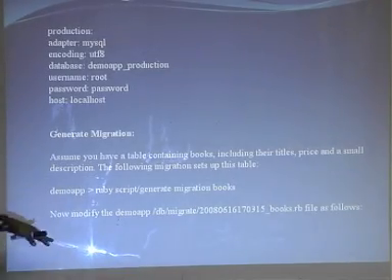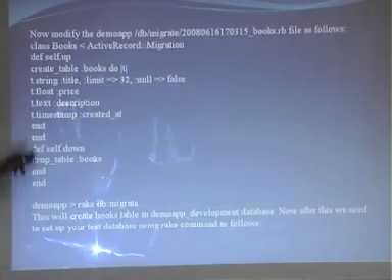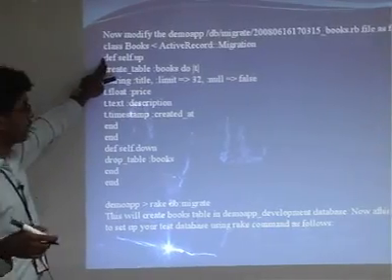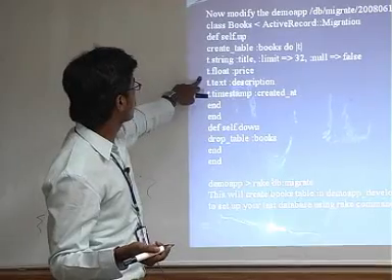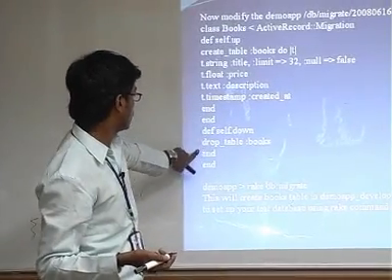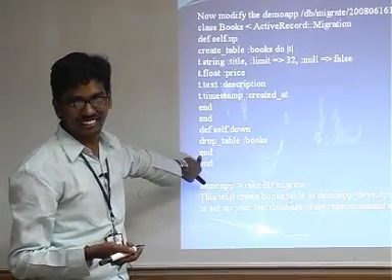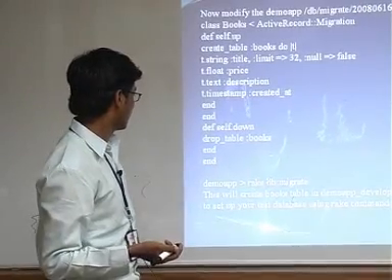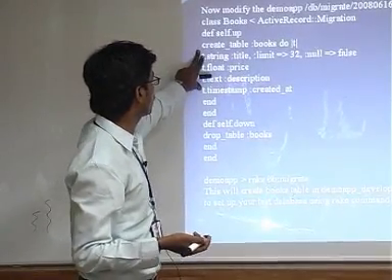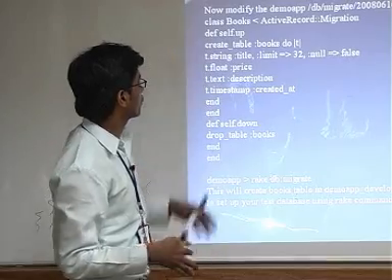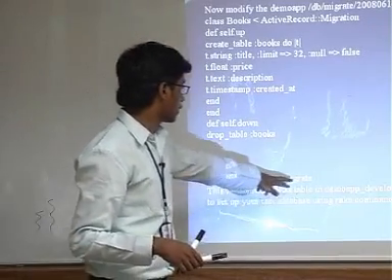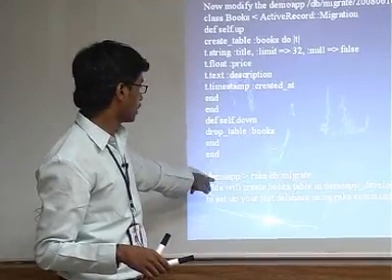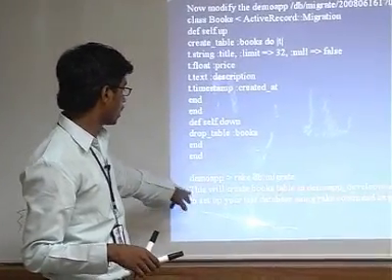Now modify the migration with whatever fields you want to insert into your database. Create a table. Everyone knows about this. After modifying your migration, run this command in your command prompt: db migrate. Once you run it, the table will be created in your database automatically.